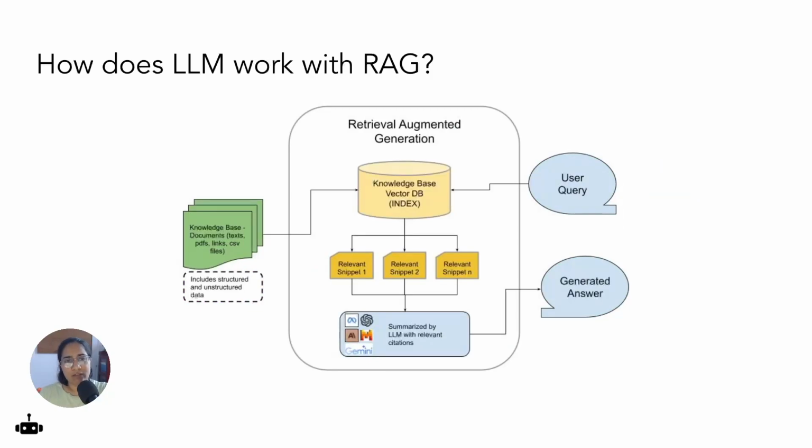So how does this work when we add retrieval augmented generation? First, the user's query goes to a knowledge base which has been indexed. This knowledge base may include many structured and unstructured data, like it can have text, PDF, links, web pages, CSV files, etc. So, based on those, relevant snippets are picked out of that knowledge base, and the LLM's task is to summarize those snippets and give the user an answer.